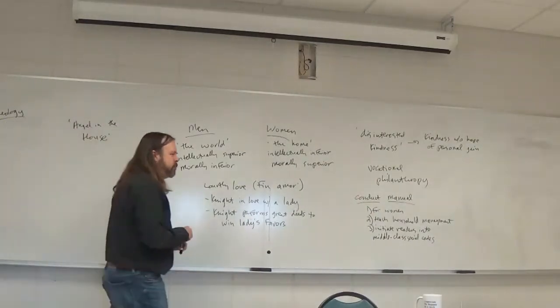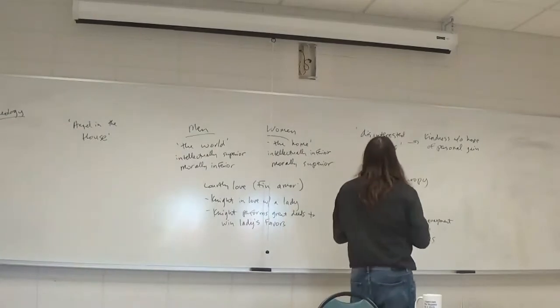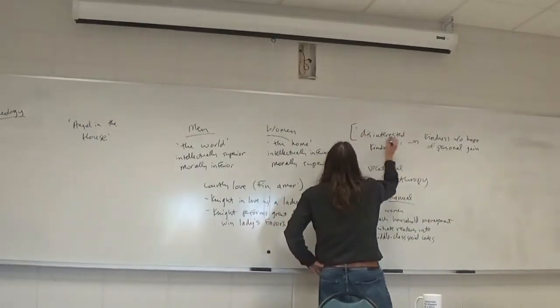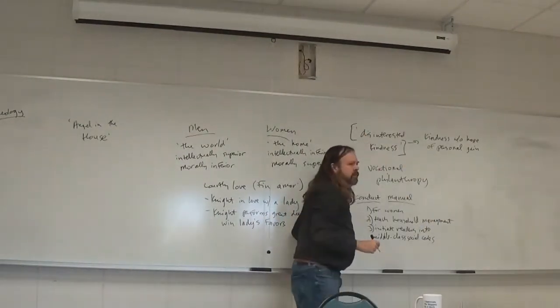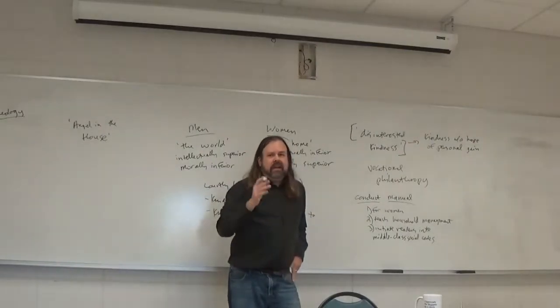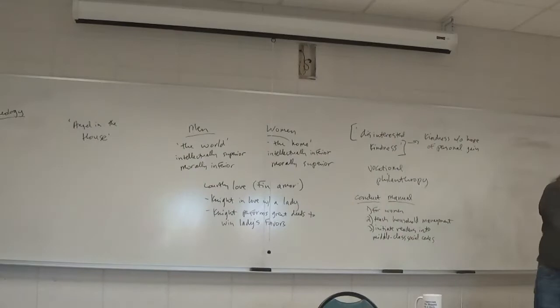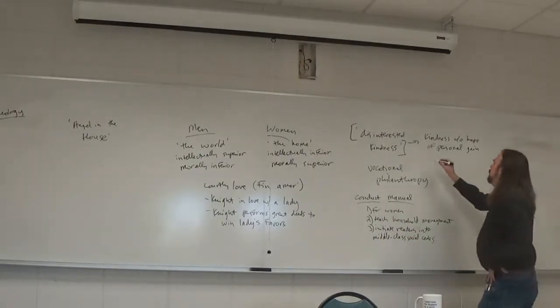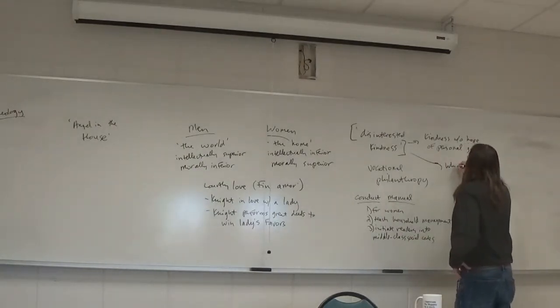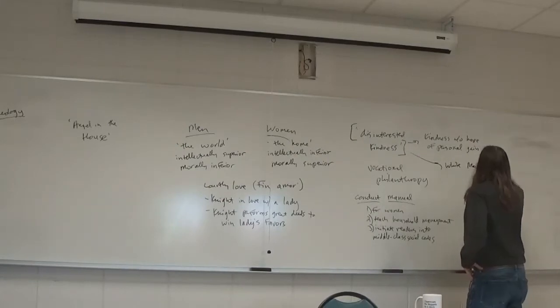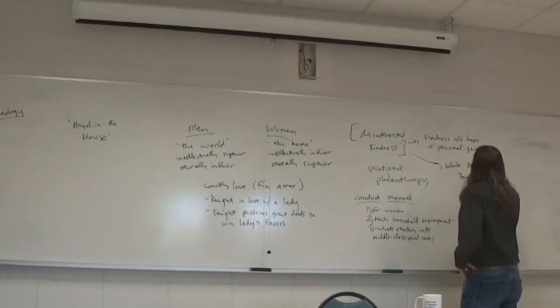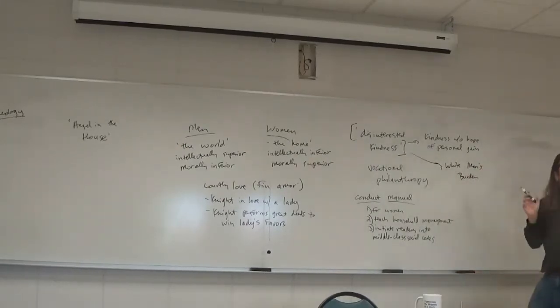So that disinterested kindness that sons learn from their mothers is applied to that white man's burden ideology that we discussed when we looked briefly at that Kipling poem, right?